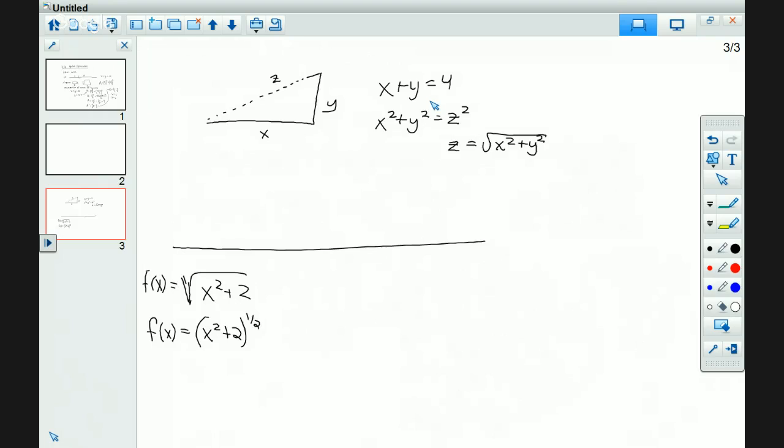What's the outside function? This is your first stop, outside. Okay, so use the power rule. And then copy the inside. Right? Now, that's the inside, so take the derivative. There you go.